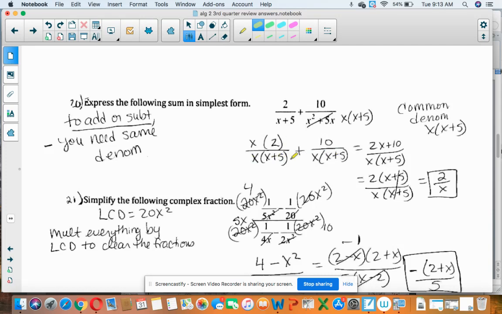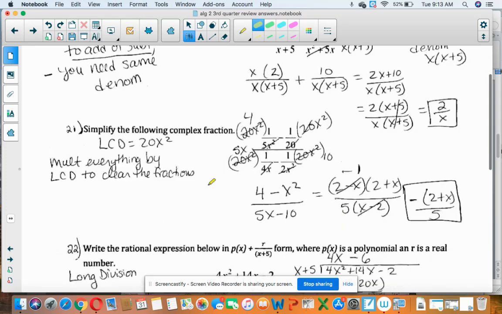Now that my denominators are the same, I add the numerators, so 2x plus 10. And on the bottom, I just keep that denominator. This 2x plus 10 on top can be factored to 2 parentheses x plus 5. And then the x plus 5 on top and bottom cancel, and I'm left with 2 over x.